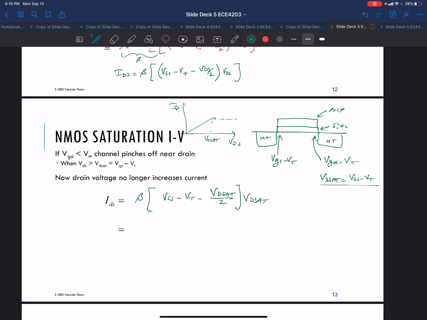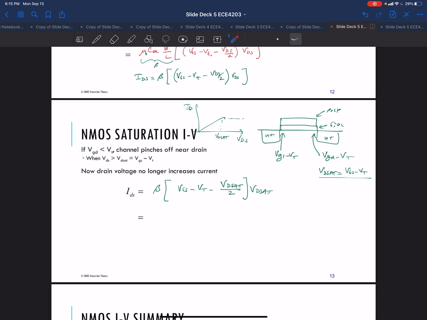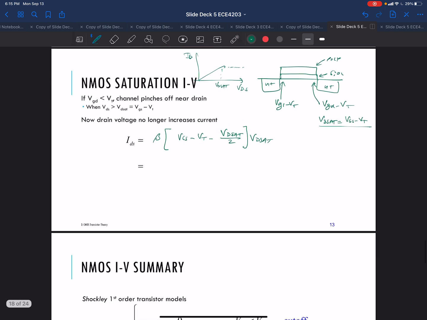So I'm just picking that value. After this point, all the current stays constant. Now VDSat is VGS minus VT. So if I plug in VGS minus VT for VDSat and move stuff around, I end up with beta over 2 times VGS minus VT squared.